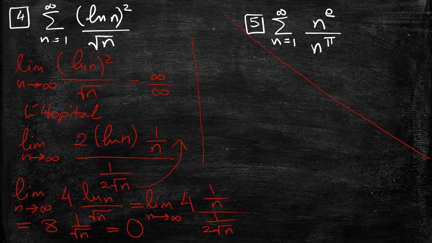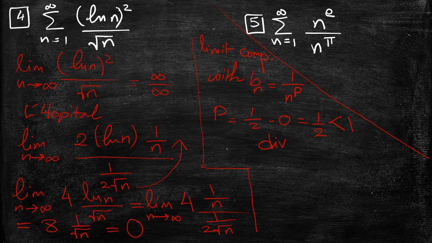Assuming there is no n in the numerator, we have n to the power half in the denominator. So I will use limit comparison with bn equal to 1 over n to the power p, and p equals half minus 0, which is the difference in powers between the denominator and the numerator, so it's half. This half here is less than 1, so I'm comparing with a divergent series.